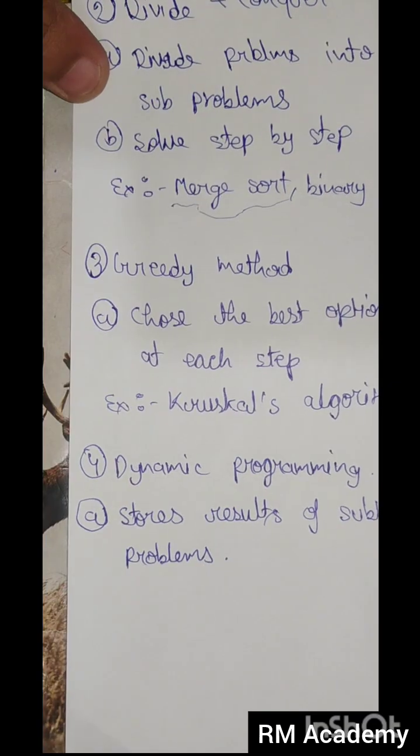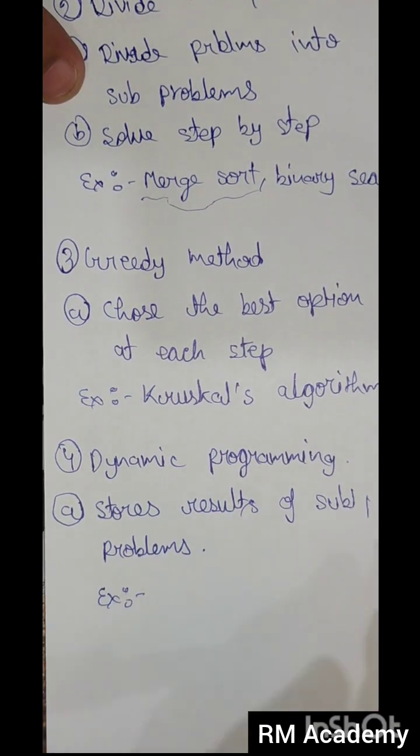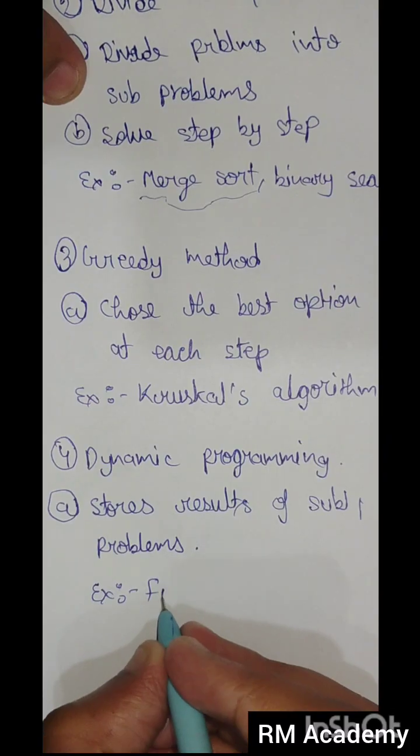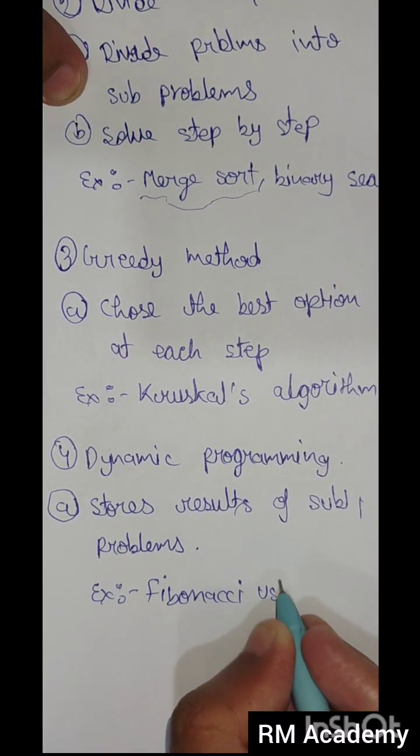So the example of dynamic programming is Fibonacci using DP.